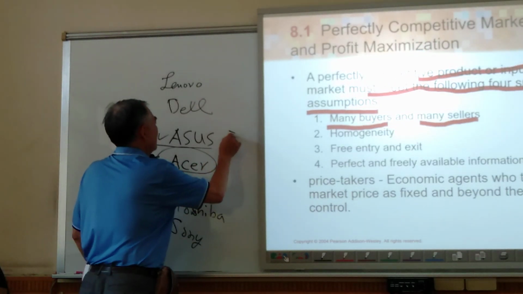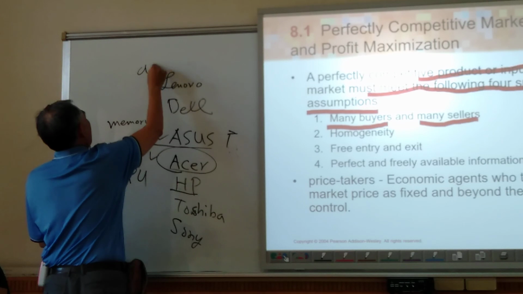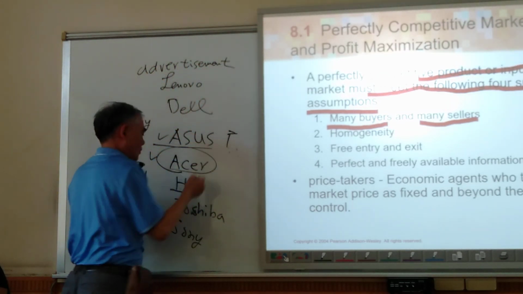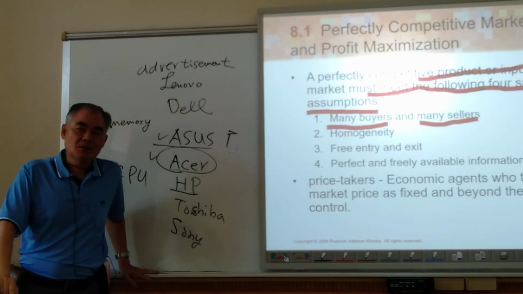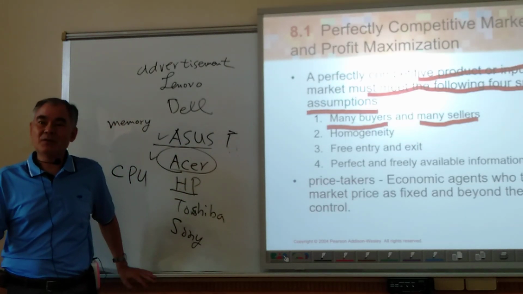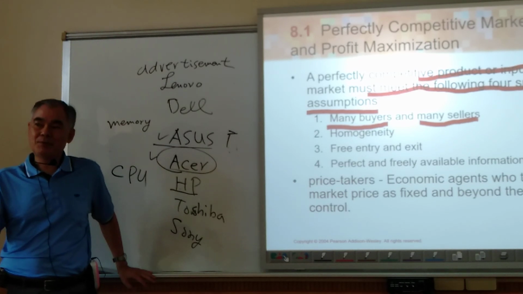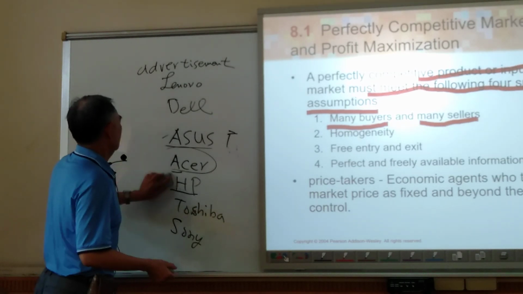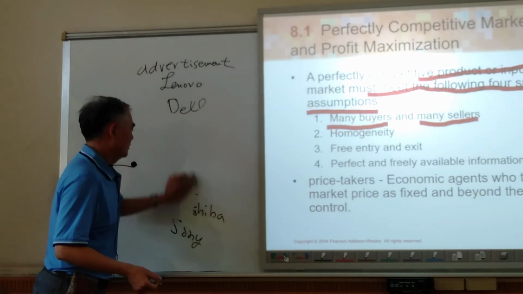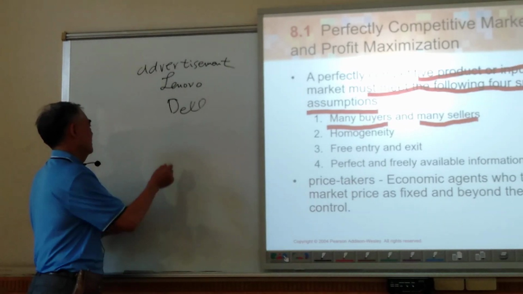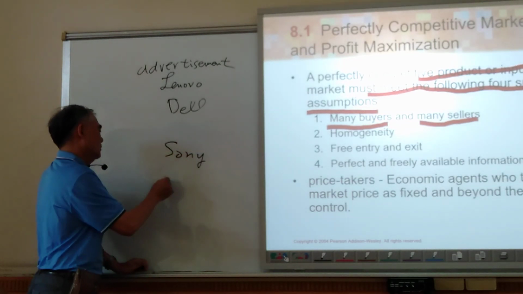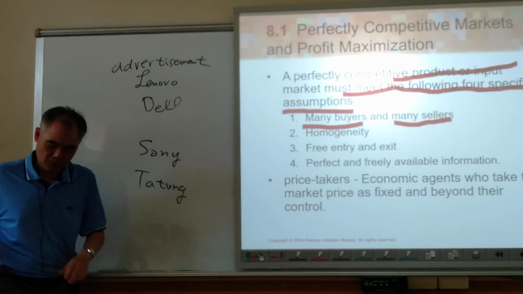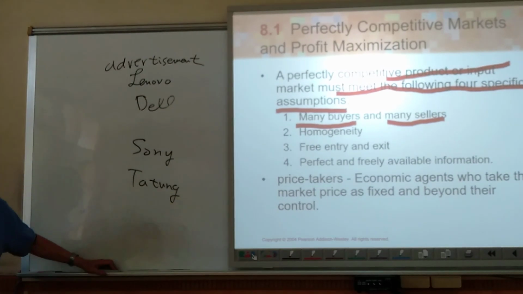A lot of time we have a lot of advertisement. What's the function of advertisement? It wants to convince you that his product is better than the others. Okay, so for example, we have a company called Sony, and the other company called Datong.